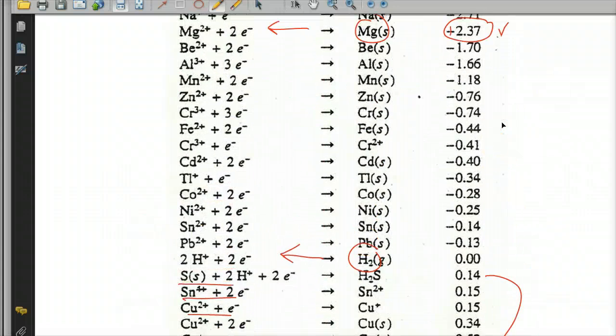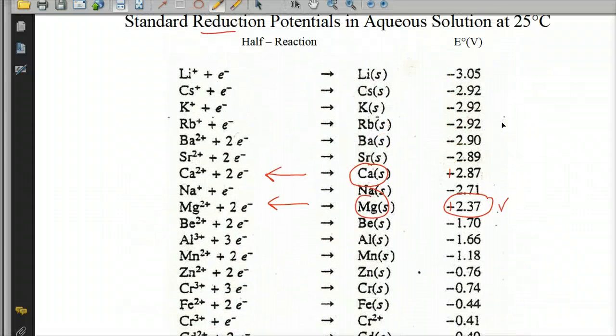Now we can look at this and say the most reactive metals are here. They love to oxidize, which means their voltages are going to be very positive when they go in the reverse, but their ions hate to reduce. So that's why they're negative. So these are the worst at reducing, the best at oxidizing. These are the best reducing agents.